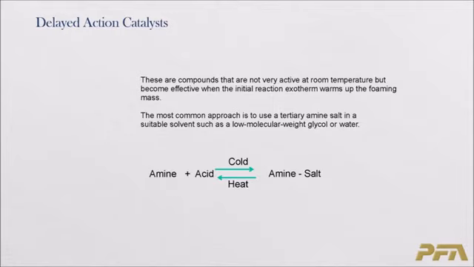So when you're using it, you're really adding an amine salt, and as that polymerization reaction kicks in, the heat from the exotherm makes it do the reverse, generating that amine catalyst to catalyze the polyurethane reactions.